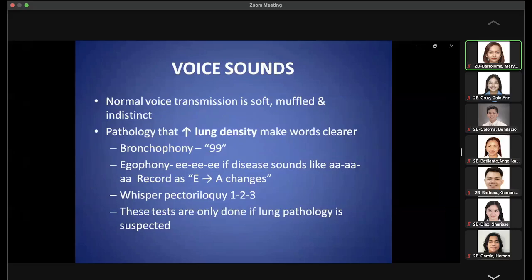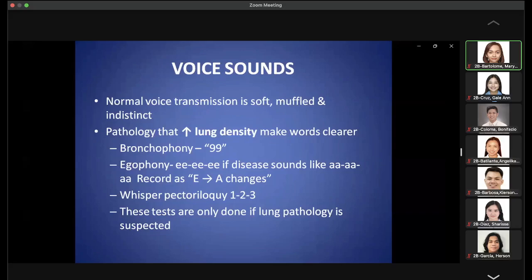Hence, your findings for voice sounds. The normal voice transmission is soft, muffled, and indistinct. Any pathology that increases the lung density can make the words clearer. What are these types of pathology? The common example would be pneumonia.